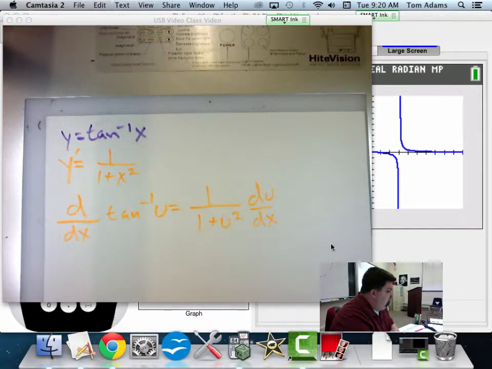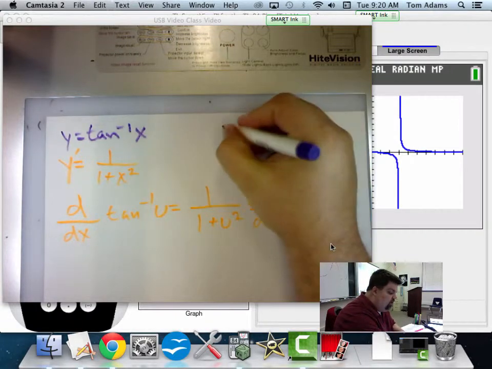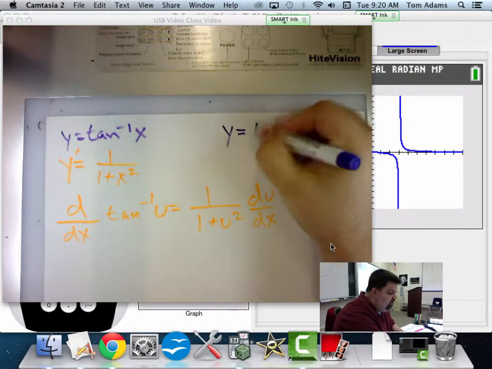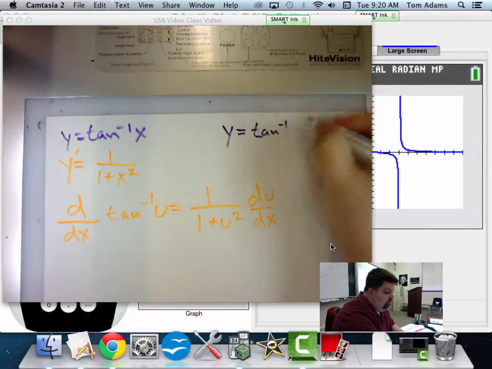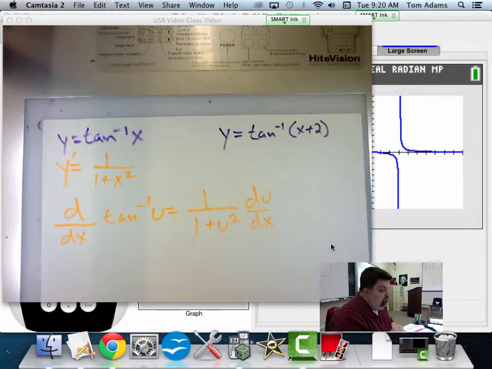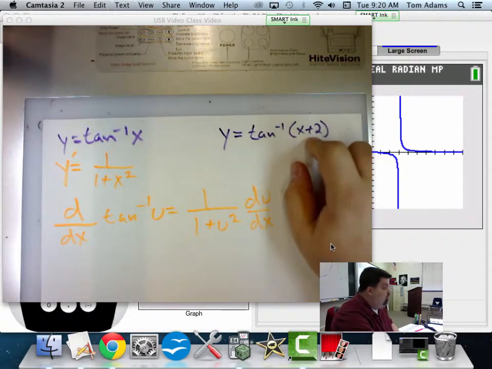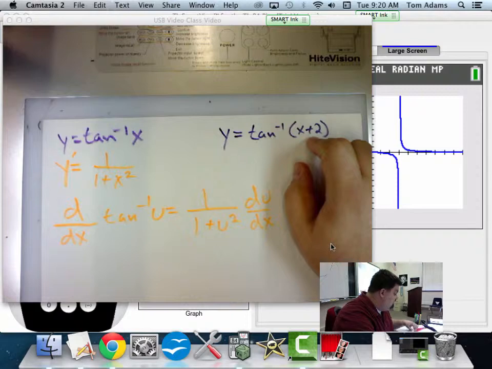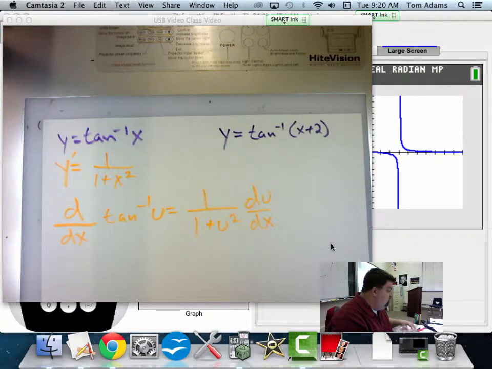Like a number? Yeah, like what if I gave you the function y equals arctan of x plus 2? So if that's the case, then what would I do? Well, that's exactly what example number 2 is addressing.